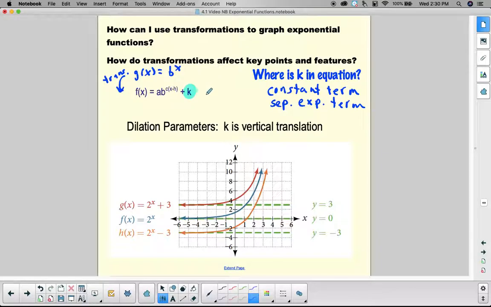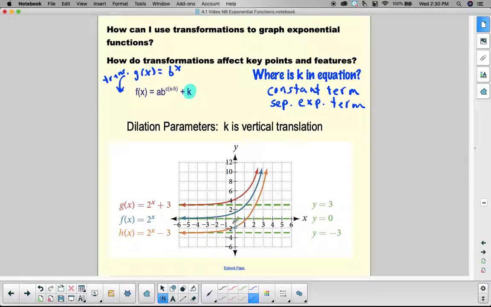If you did the exploration, k is the vertical translation. For 2 to the x, the plus 3 translates the parent function up by 3, and 2 to the x minus 3 translates the graph down. Every single point moves up or down by k.